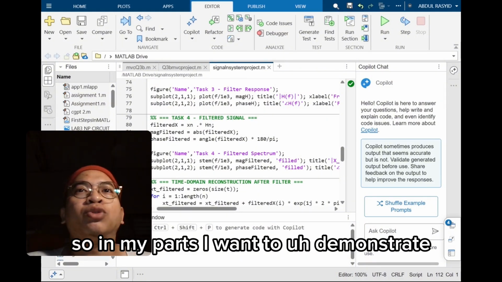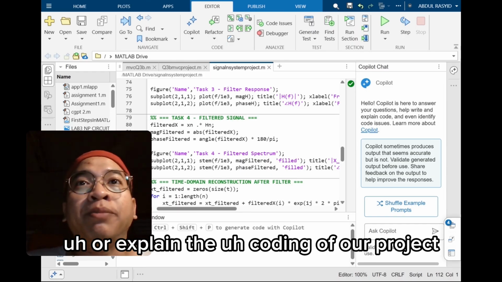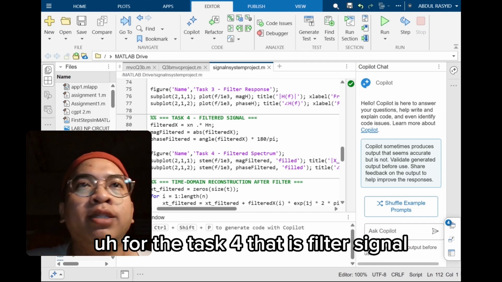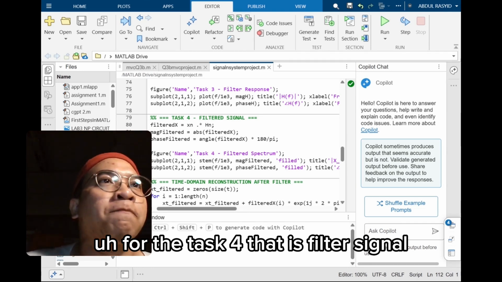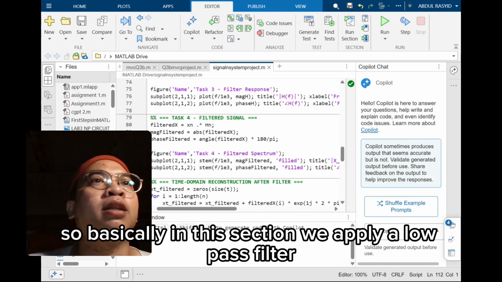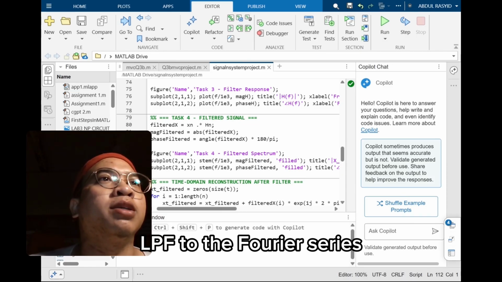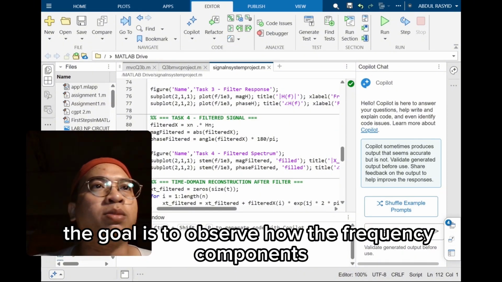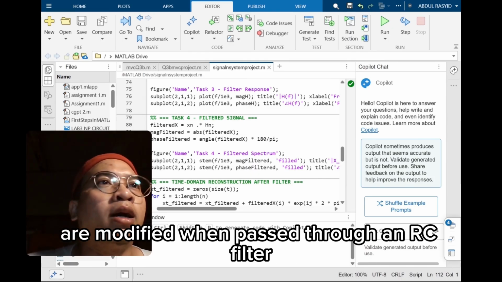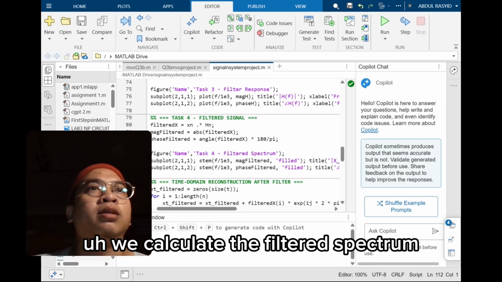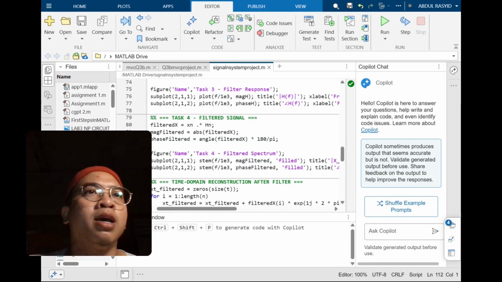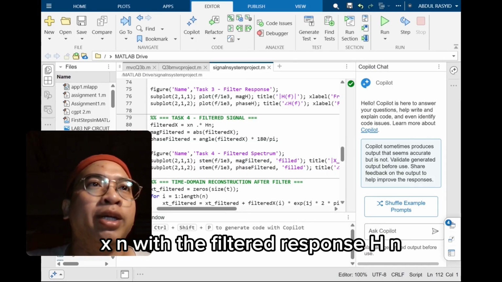In my part, I want to explain the coding of our project for task 4, the filtered signal. Basically, in this section we apply a low pass filter (LPF) to the Fourier series coefficients of our square wave signal. The goal is to observe how the frequency components are modified when passed through an RC filter. We calculate the filtered spectrum by multiplying the original Fourier coefficients xn with the filter response hn.